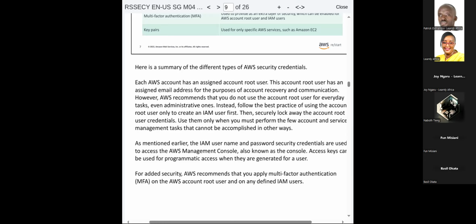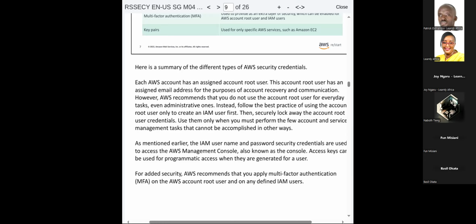It enables users from external IDPs, like corporate directories and social providers, to access AWS resources without creating separate users. A good example of an IDP, I've just remembered, is when you are logging in to a website.